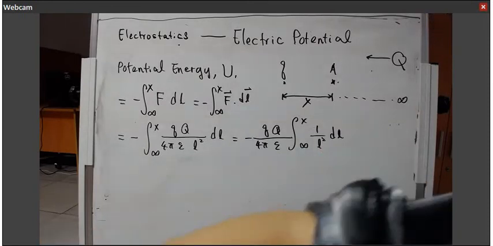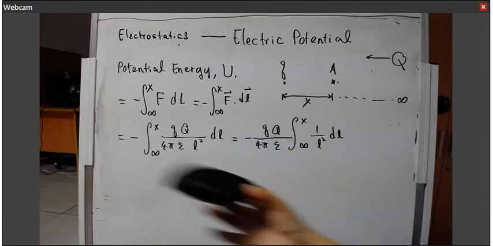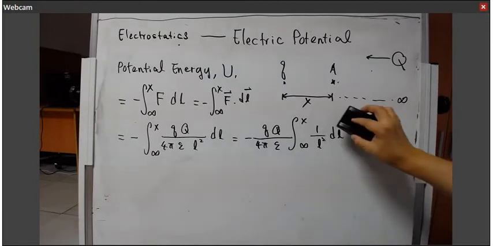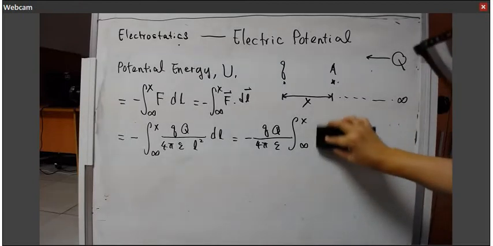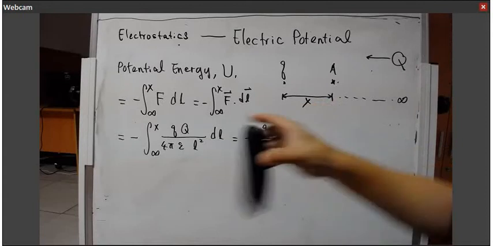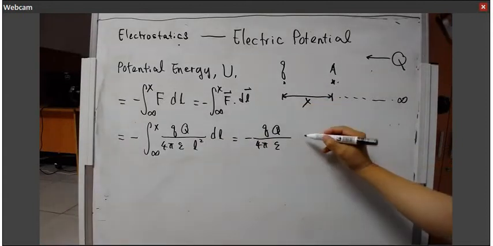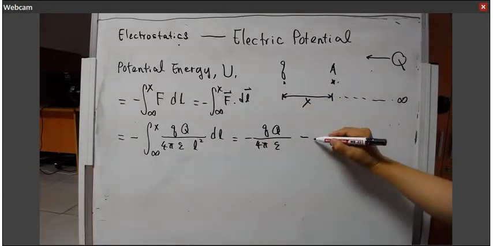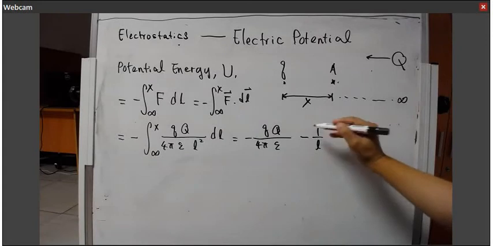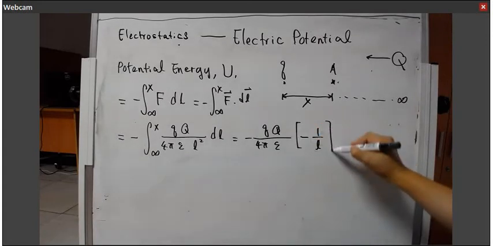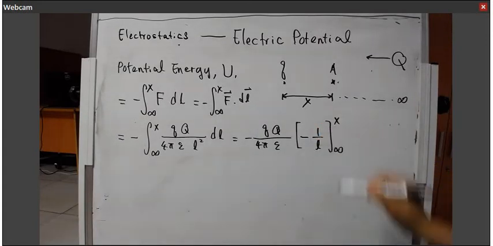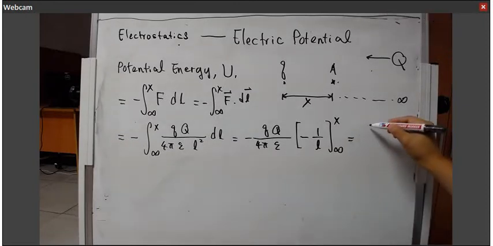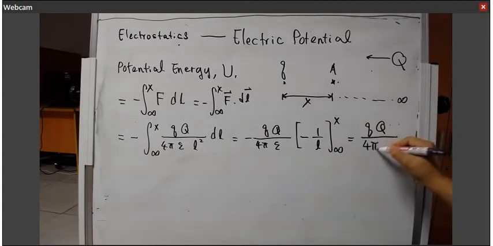If you perform the integration, you will end up with minus 1 over L, evaluated from x to infinity. So eventually what you will end up with is Q times q over 4 pi epsilon.